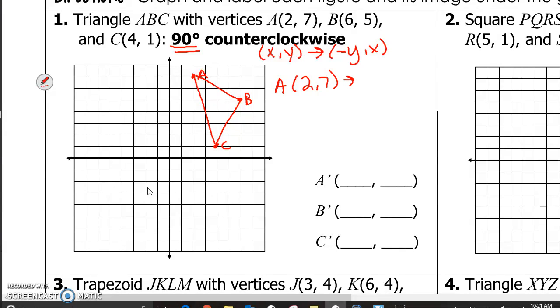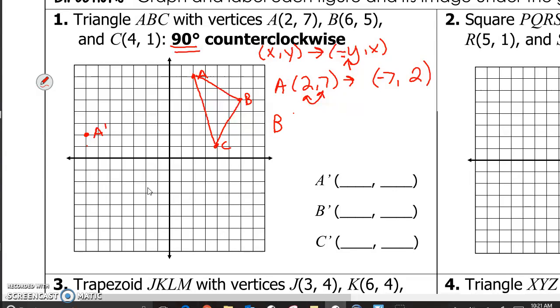So what we do is we flip these around. So now, 7, 2. But that y becomes negative. So it becomes negative 7, 2. So we plot negative 7 up 2. That's our image point A.